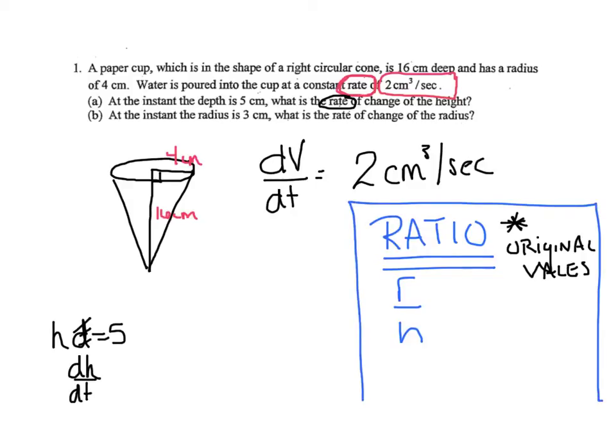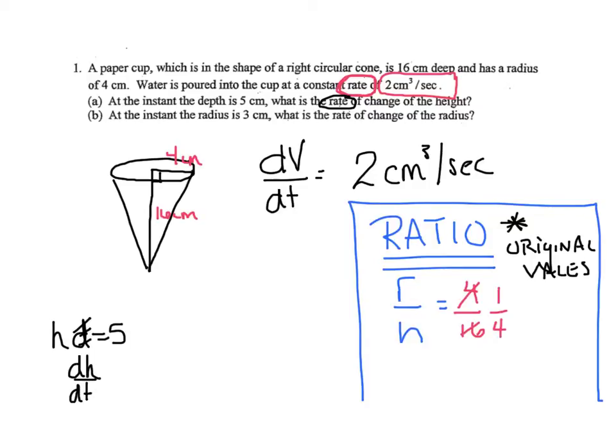We're going to say our radius over height equals the original radius, 4, when the height is 16. These two correspond together. I'm not using 5 whatsoever. Okay, that's at some instant in time. The original radius is 4, height is 16. So I'm going to say my radius is 4 with a height of 16, and then I'm going to reduce that to make my math easier and say that's 1/4.